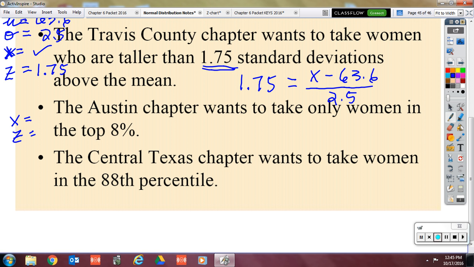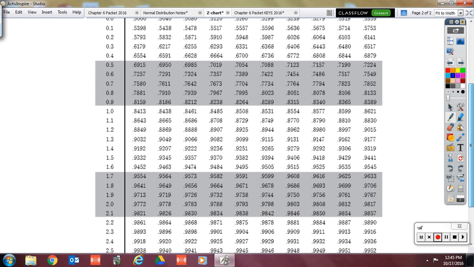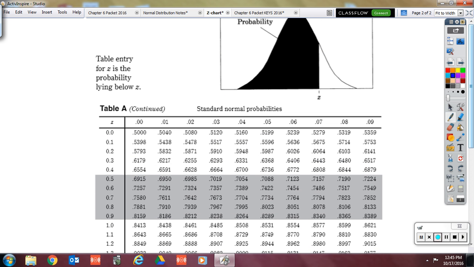So there's your clue. So let's look at your z-chart, and let's think about how in the world I can get a z-score from knowing that I need to be in the top 8%. So I'm wondering, what is that z-score right there with top 8%?